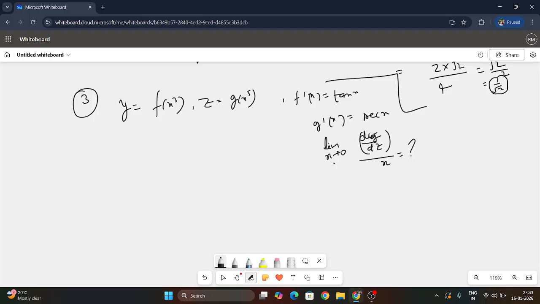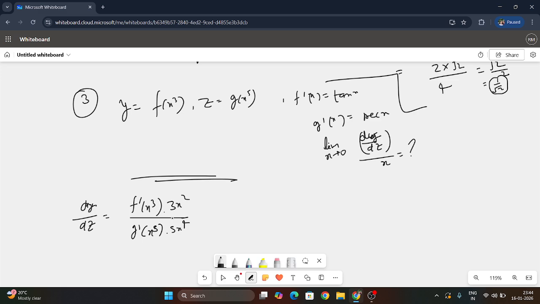So let's first find dy by dz. First you have to find dy by dx and dz by dx. It is going to be f'(x cube), and the differentiation of x cube is 3x square, over g'(x power 5) into 5x power 4.